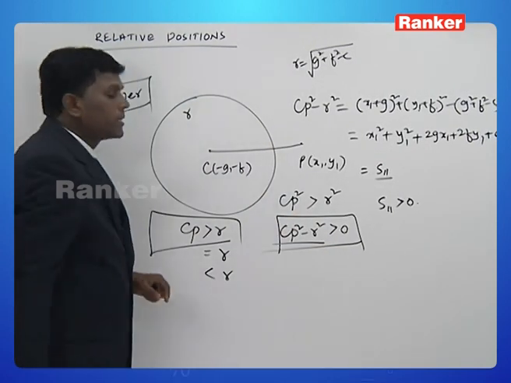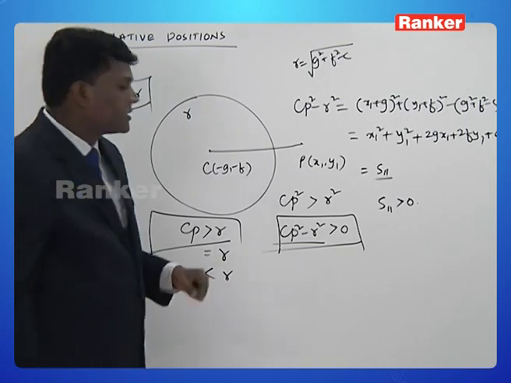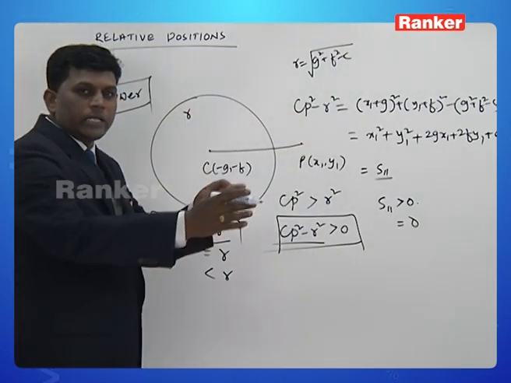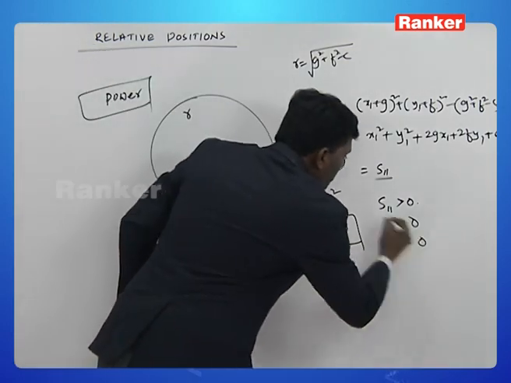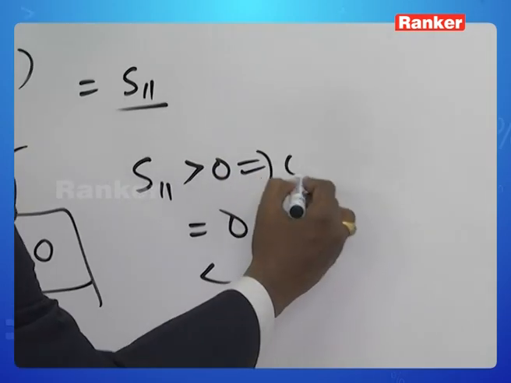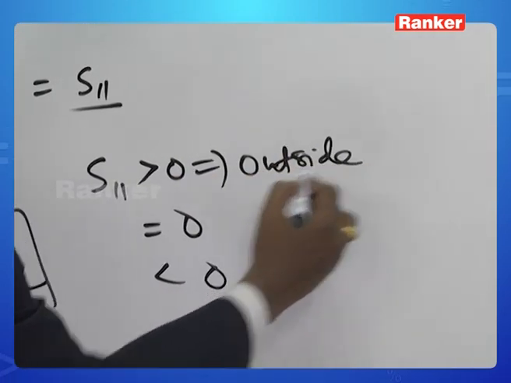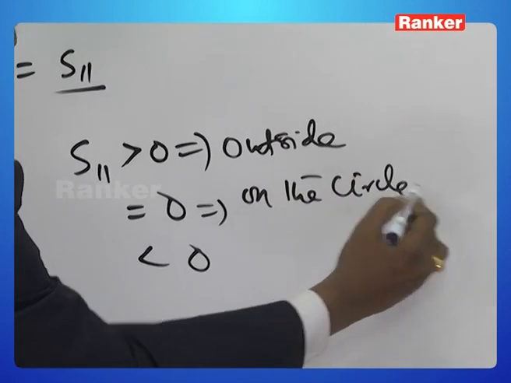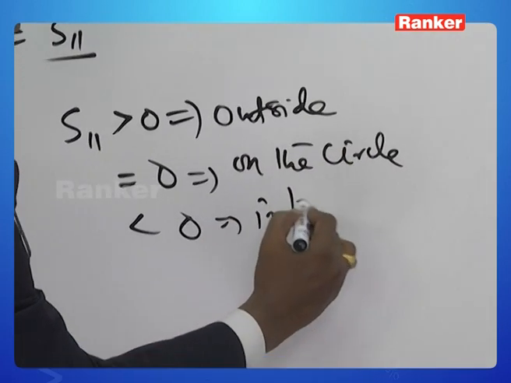So the point is external to the circle. In a similar way, S11 equals 0, the point lies on the circle; less than 0, the point will be interior. Here, this point is outside, this is on the circle, and this point is interior.